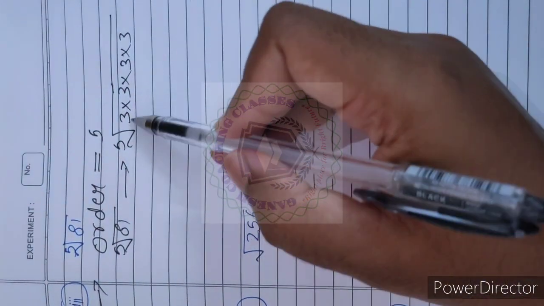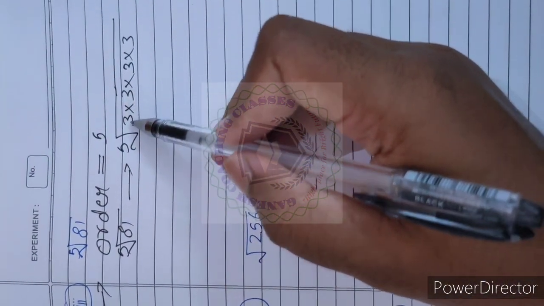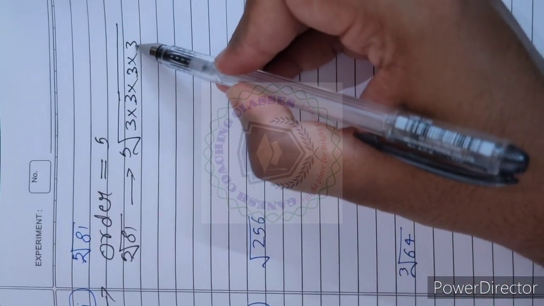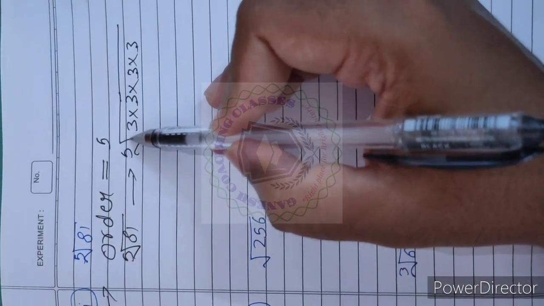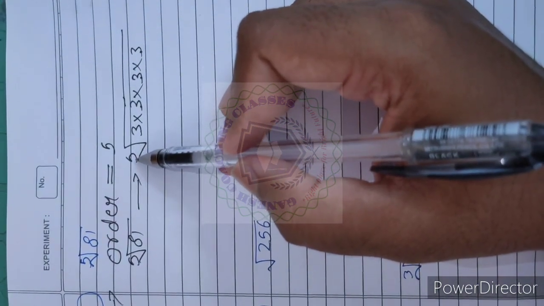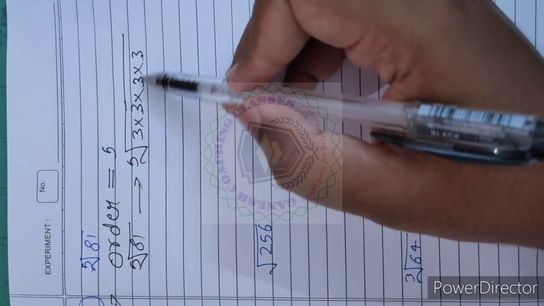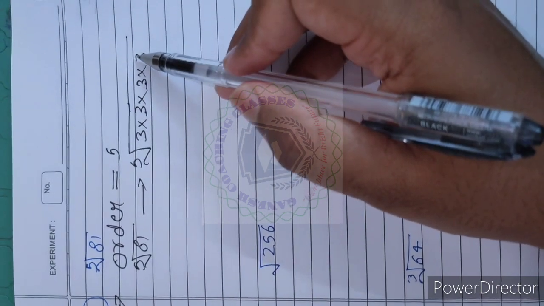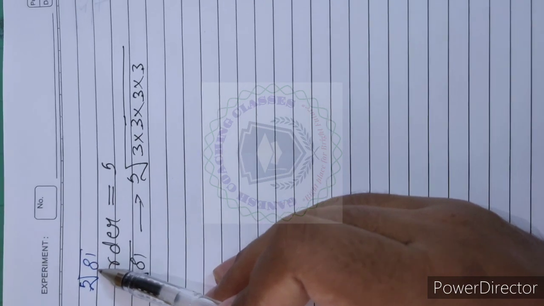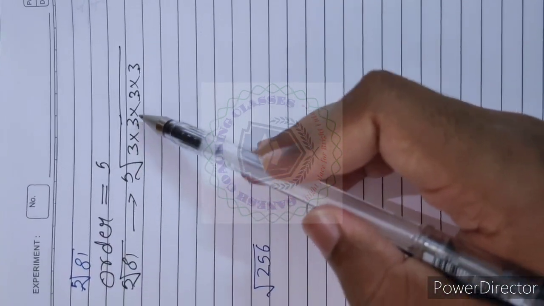How many times? 4 times 3. 3 3s are 9, 9 3s are 27, 27 3s are 81. It is 4 times, but the order of this root is 5. So we need here 5 times 3. But the radicand given here is 81, and 81 can be written as 4 times 3.